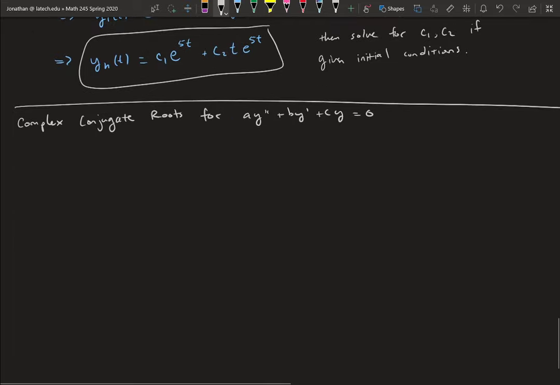So basically, if we have complex conjugate roots, then that means our roots m1 and m2 are equal to something like alpha plus or minus i beta, which means our solution yh would be c1 e to the alpha plus i beta plus c2 e to the alpha minus i beta.